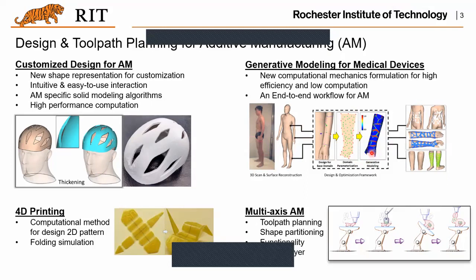The benefit is obvious. You have lighter weight, right? And it saves material, making it more sustainable. On the other hand, it's more comfortable. You have a lightweight cast to wear, and it can breathe. The ventilation is much better.